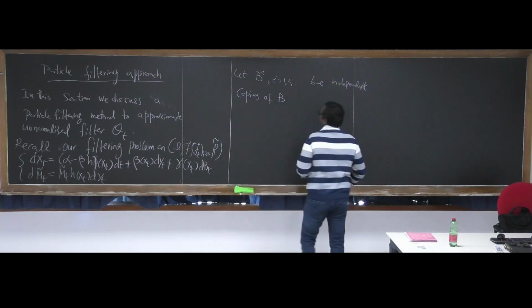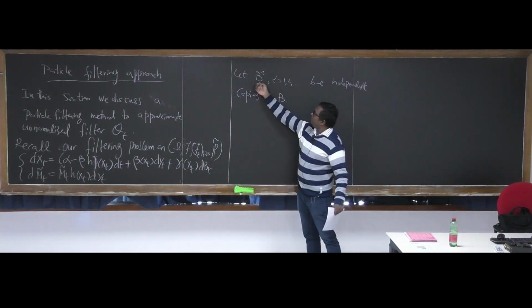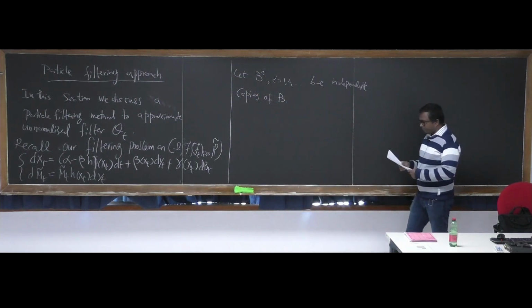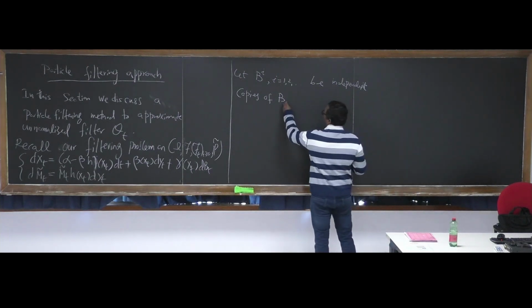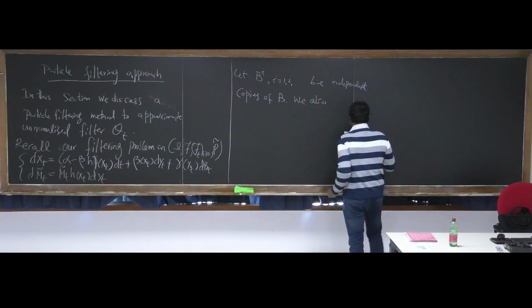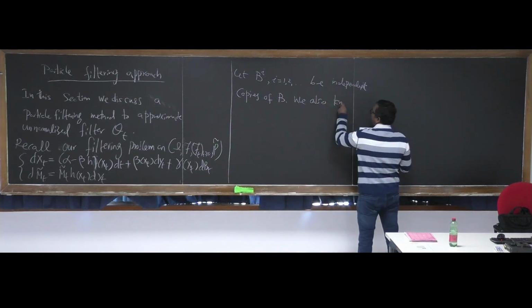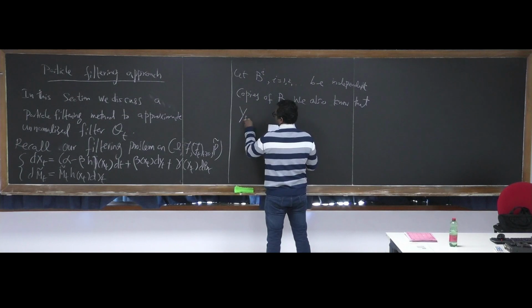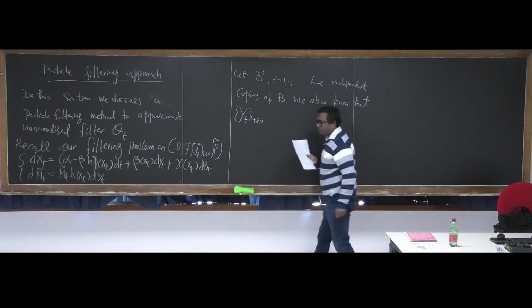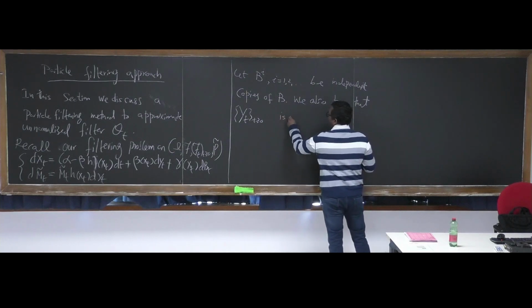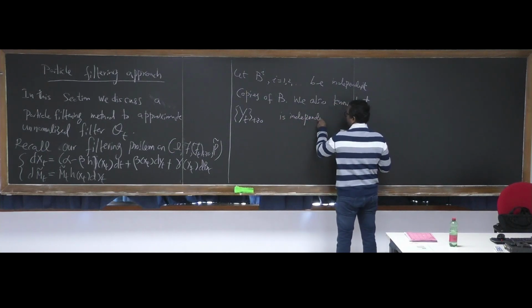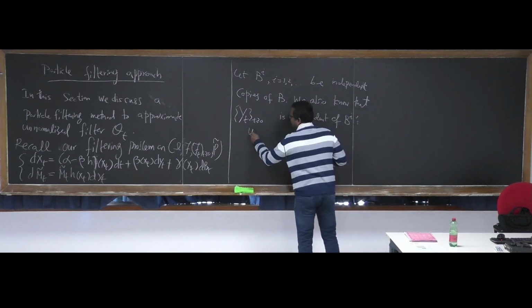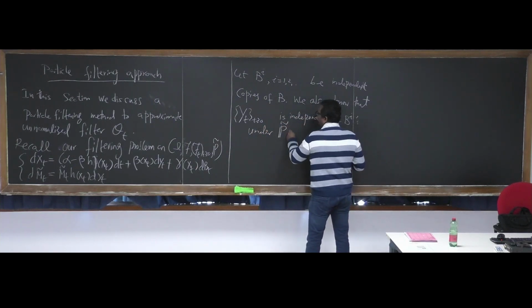So B^i is a sequence of independent copies of the Wiener noise B. We also know that the process Yt, that is the observation process, is independent of the B^i under the new probability measure P tilde.